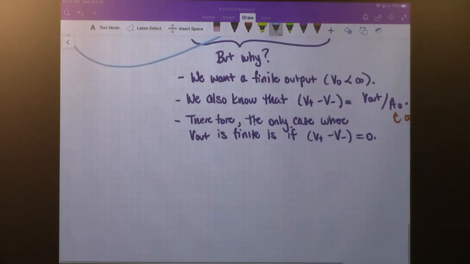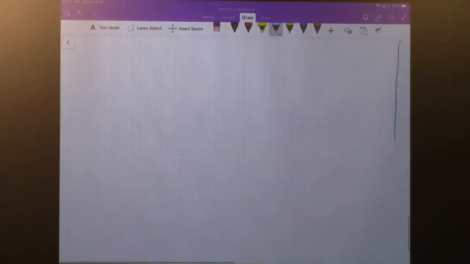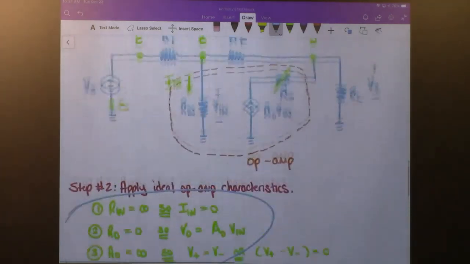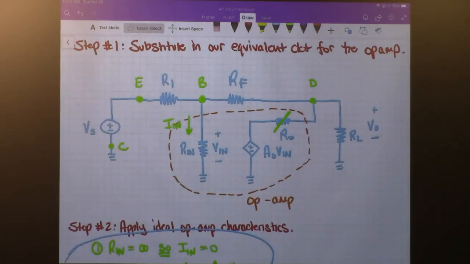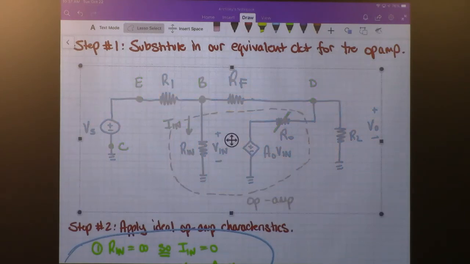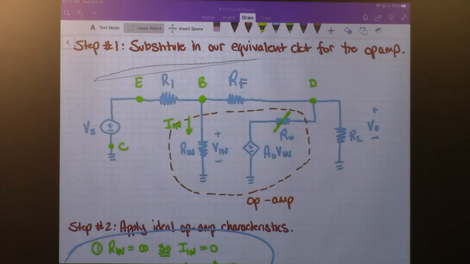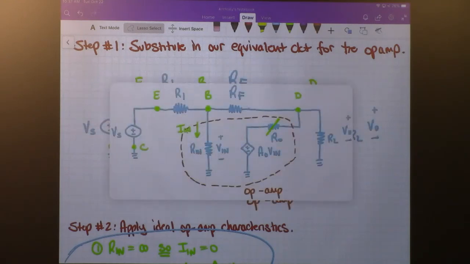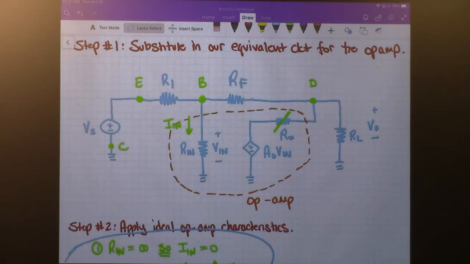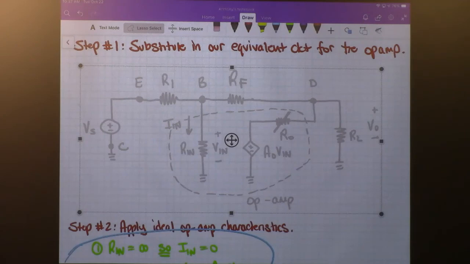Now, how is that going to change our circuit? So what I'm going to do is copy it. Every time I figure out how to copy it, I forget. There we go, copy.